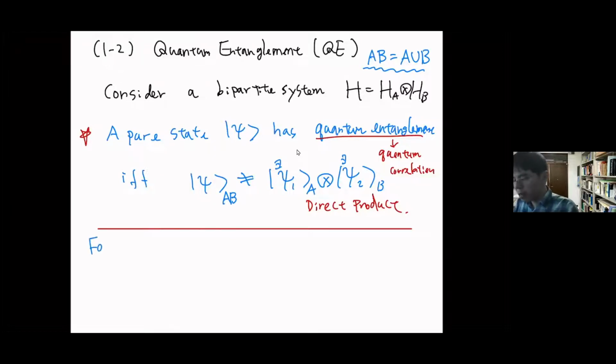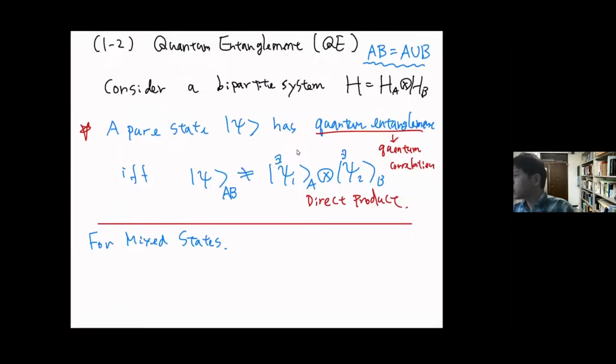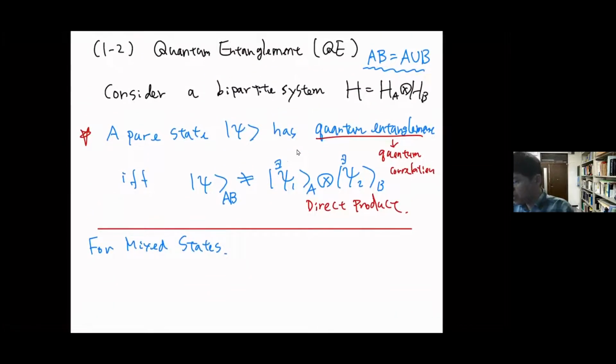For a mixed state, we say rho AB has quantum entanglement if and only if rho AB is not separable.